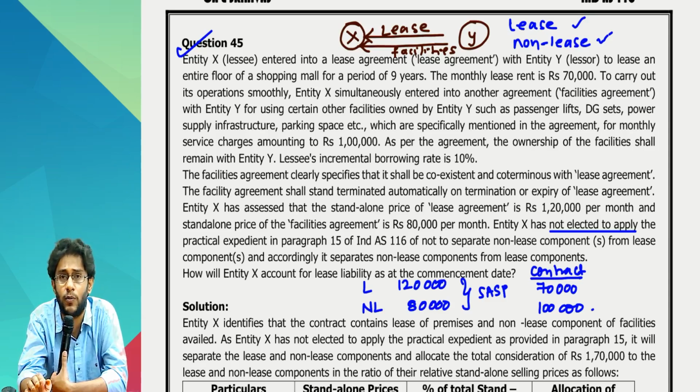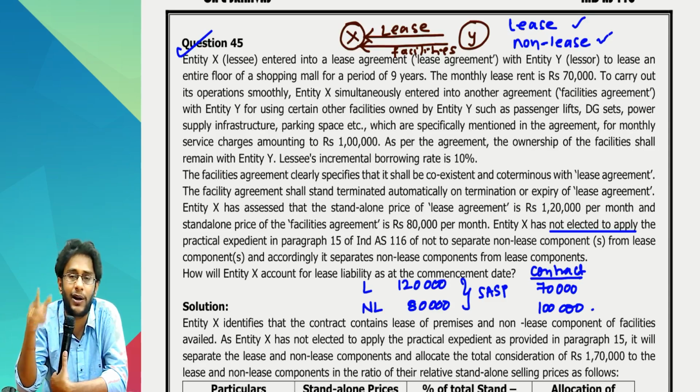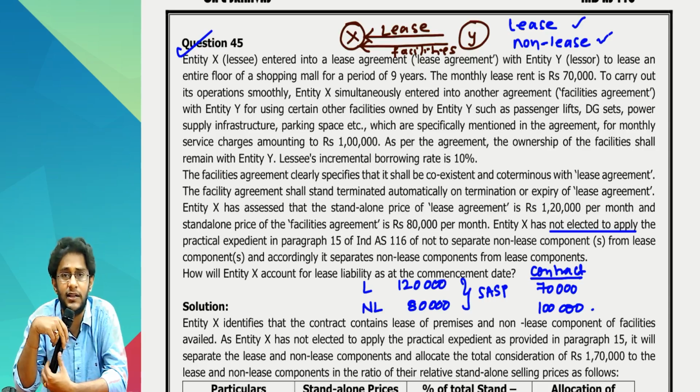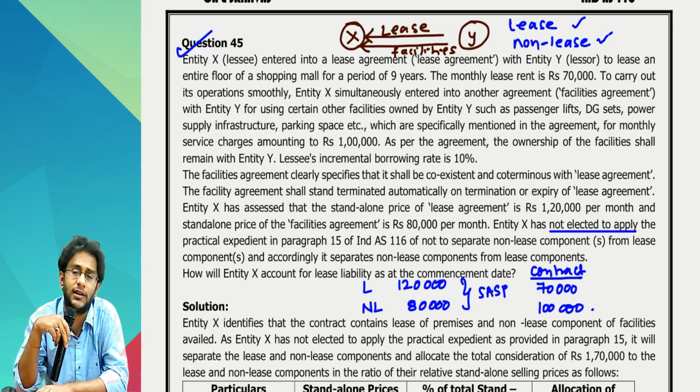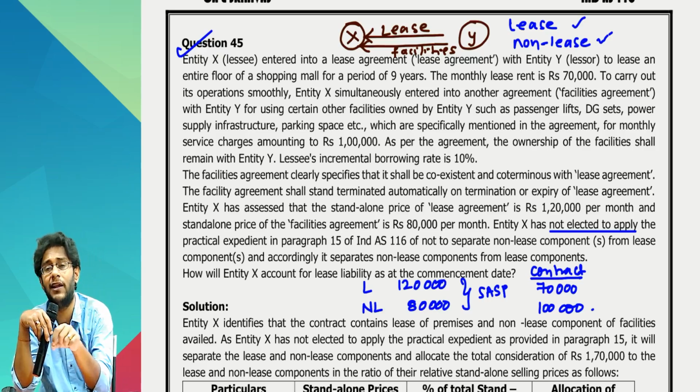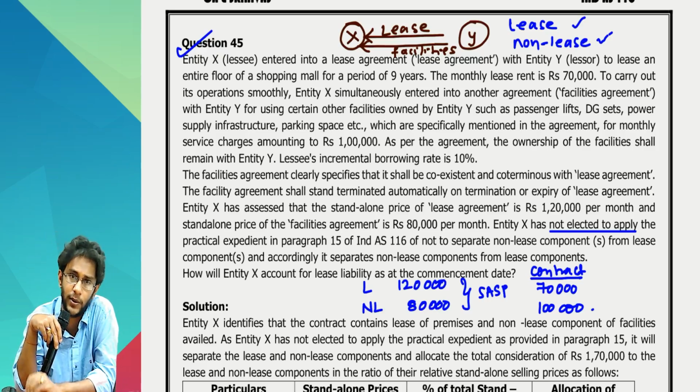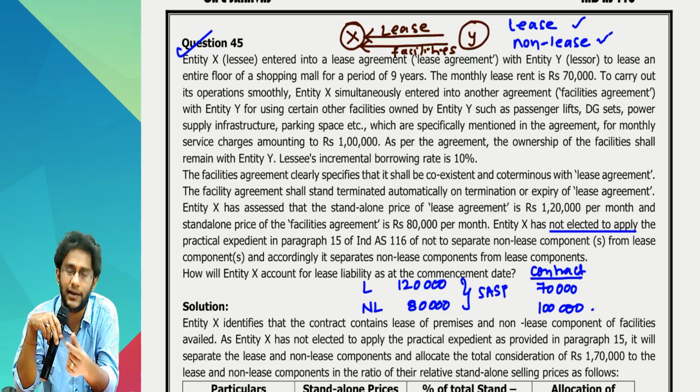Even though there is a non-lease component, you can ignore that. You can club that also with the lease agreement and treat the entire 1,70,000 as a lease payment itself. That is a practical expedient that is available to the lessee. But this lessee is not availing that option, which means that he wants you to treat the non-lease component separately and not to mix that up with the lease component.